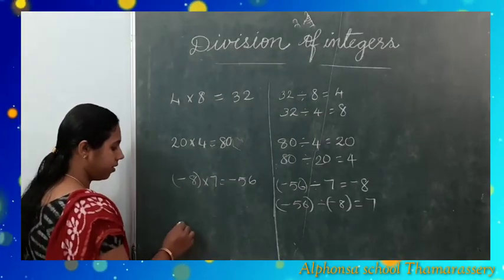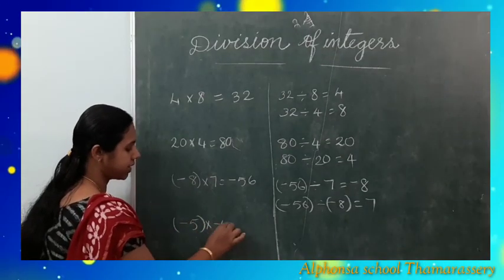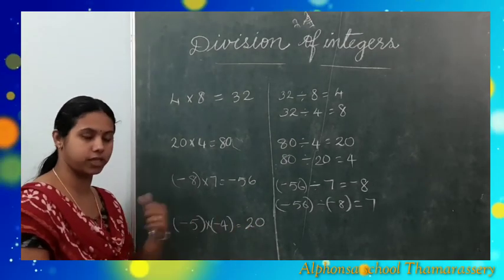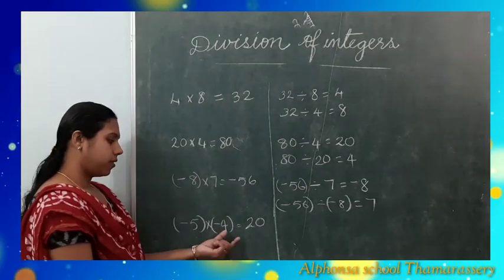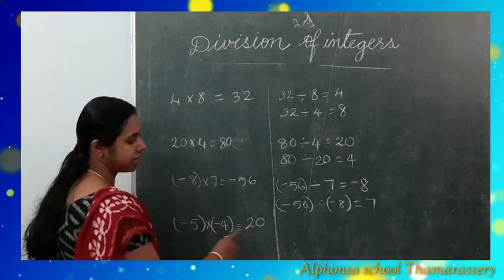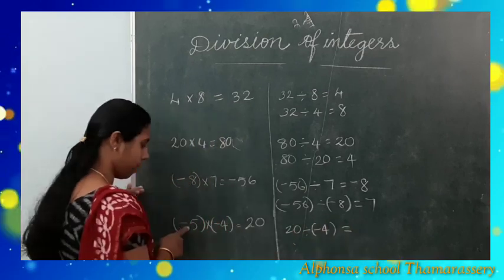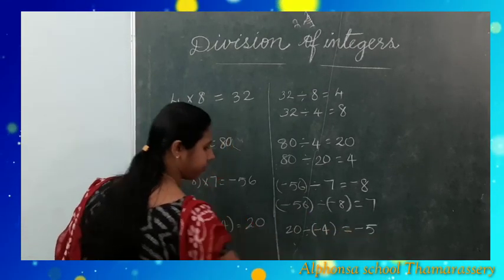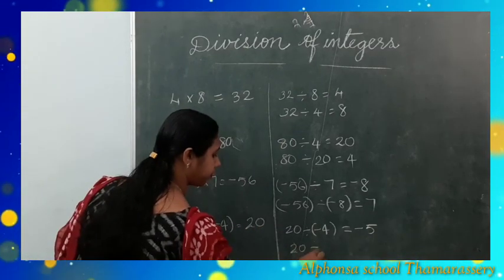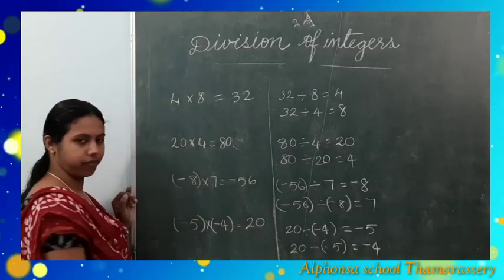Another example is minus 5 into minus 4 is equal to positive 20. Negative into negative is positive. So we can write the division statements: 20 divided by minus 4 is equal to minus 5, and 20 divided by minus 5 is equal to minus 4.